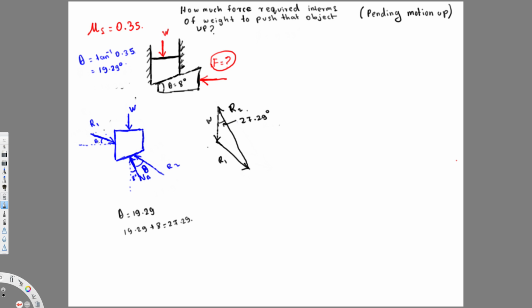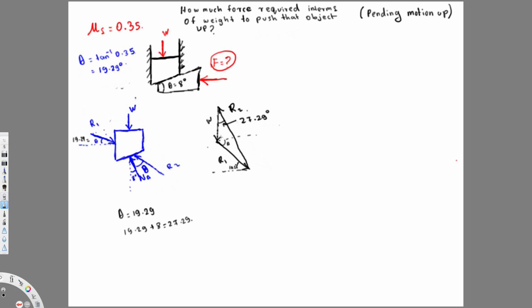Then we can calculate this one, because this R1 is making theta, 19.29, with this horizontal here. Then it means the angle that it's going to make here is, C shape, C shape means same angle.